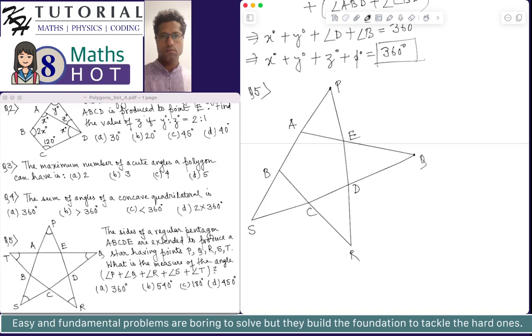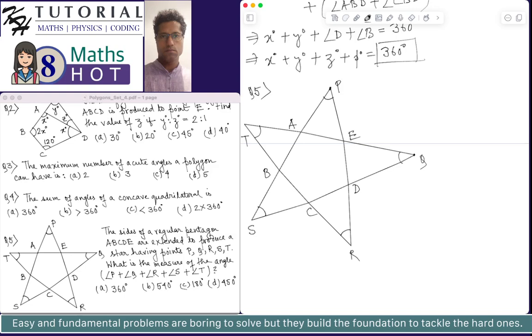And finally, if we extend the side BC and extend the side AE, they are meeting at the point T. So a star is formed where the corners of the star are P, Q, R, S, T. It is asking what is the sum of the angles P, Q, R, S, and T.